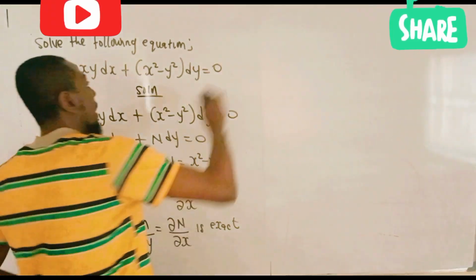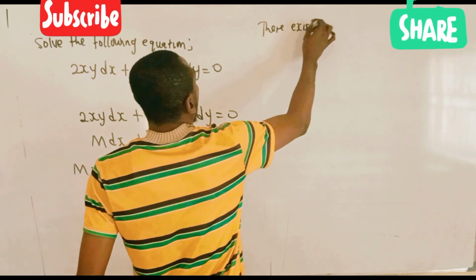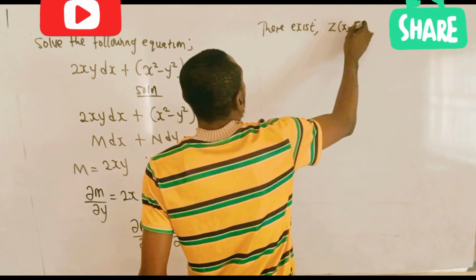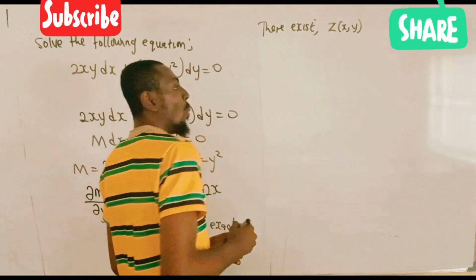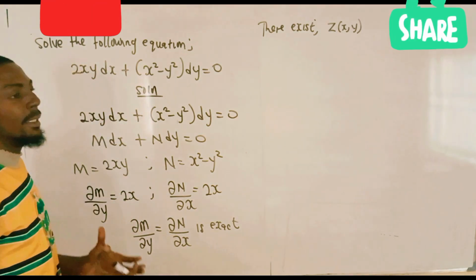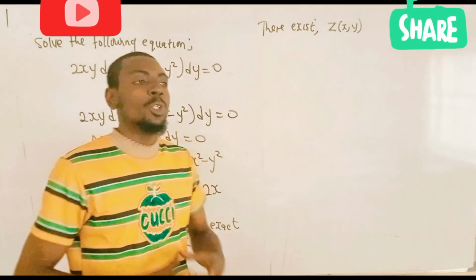So let's solve the differential equation now, since we've confirmed that it is exact. There exists a general implicit function z of x comma y, the original function from which this equation is formed, and that is where the solution lies.